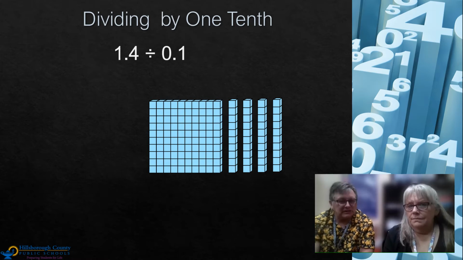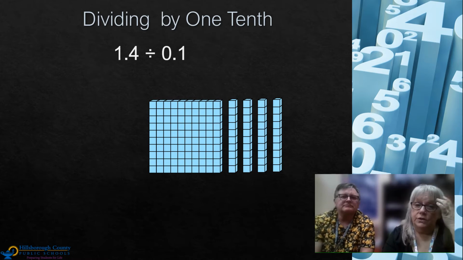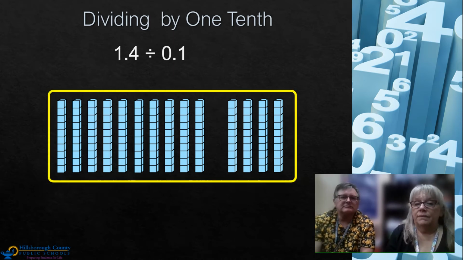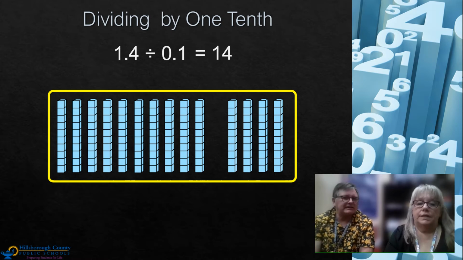Well, I believe what that expression is really asking is how many 1/10 size pieces are in the dividend of 1 whole and 4/10. You're absolutely correct. So the first thing I'm going to need to do is break that whole into tenths, so that I can count the total number of tenths. When I count all of these tenths, how many of them are there? There's 14 1/10 size pieces. So my quotient would be 14.